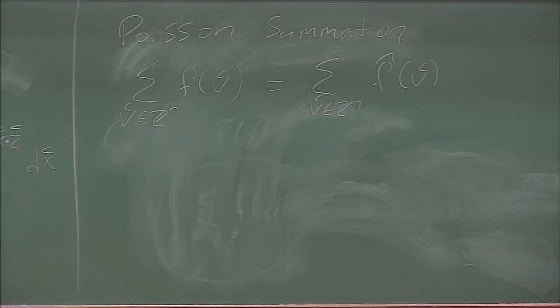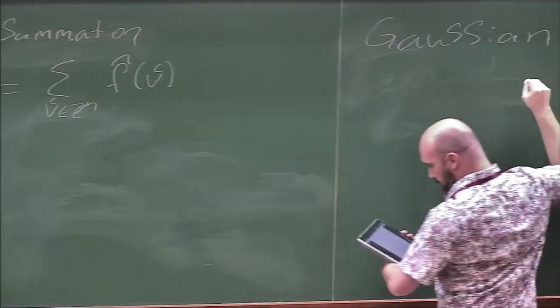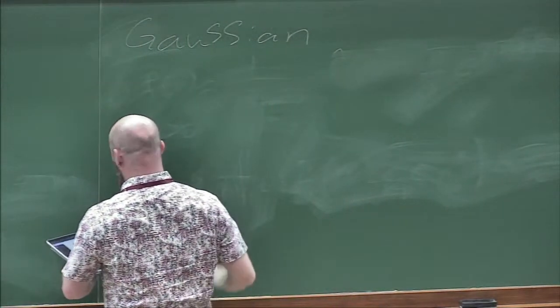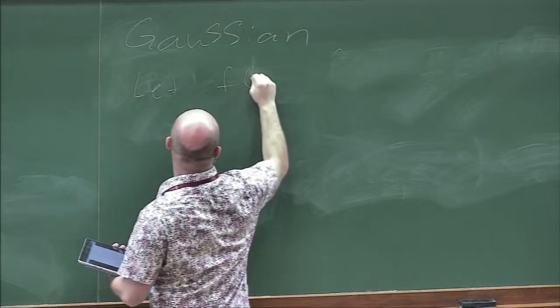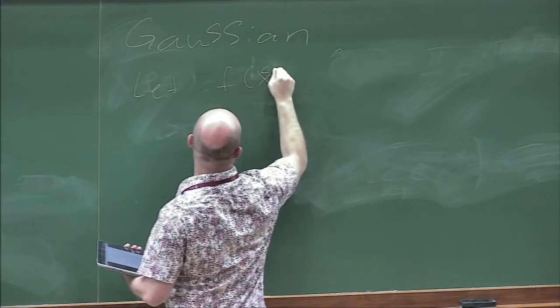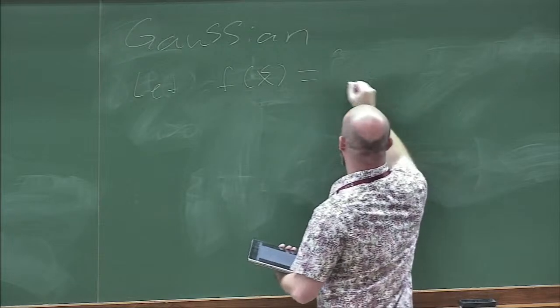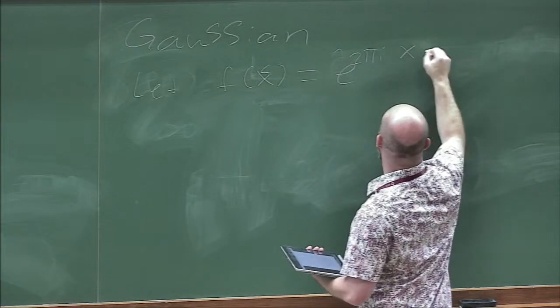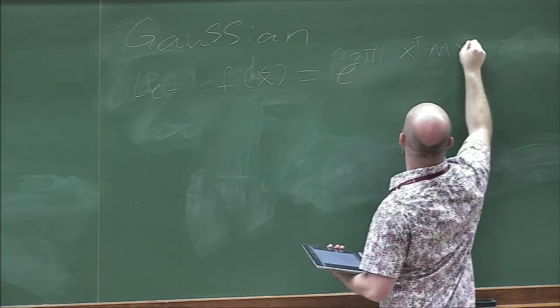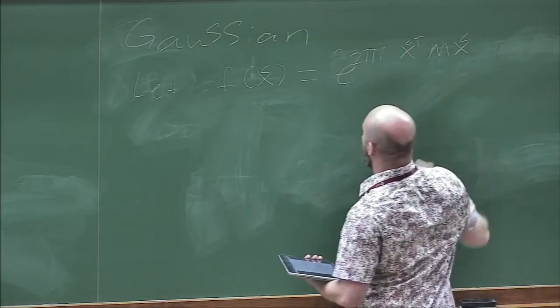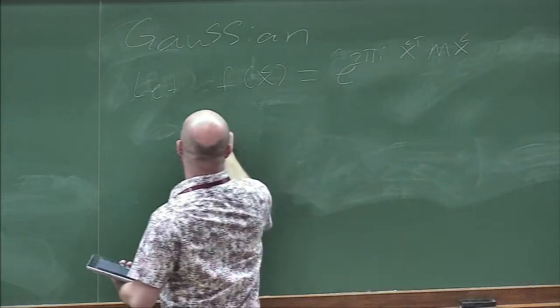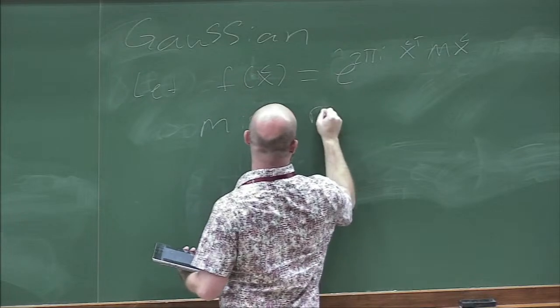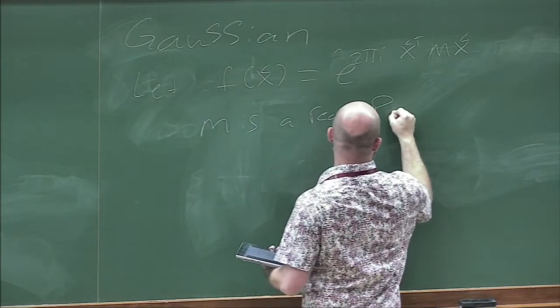So let f of our x vector be e to the minus pi, and I'm going to write x transpose Mx, where M is a real positive definite matrix.